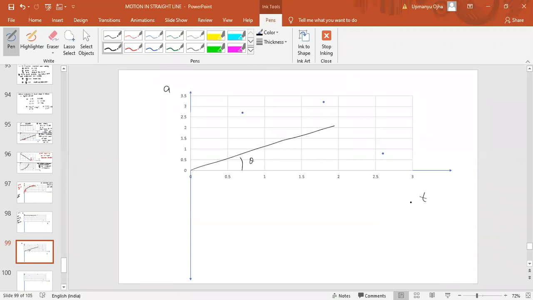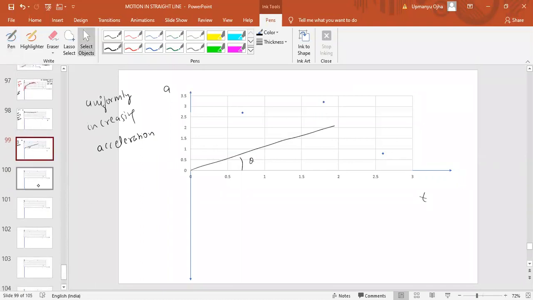Yes, uniformly increasing. Very good. It is uniformly increasing acceleration. So acceleration is uniformly increasing with time.